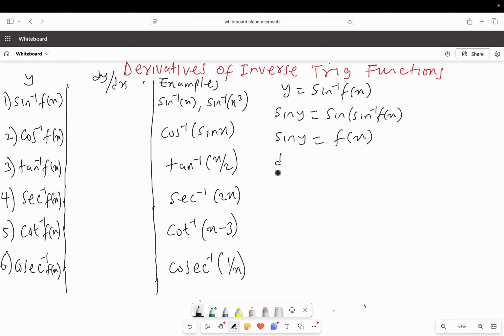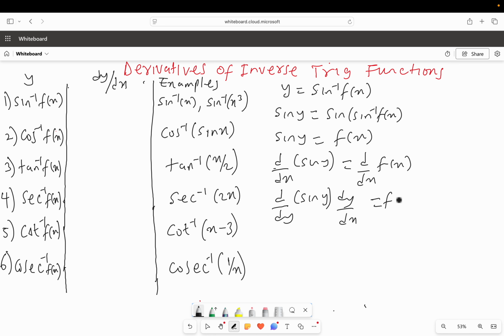So it will be d/dx of sine y, and then I will have d/dx of f of x. So from this part, I can apply chain rule, that is in the left hand side. So it will just be d/dy of sine y, then dy/dx, because y is a function of x.